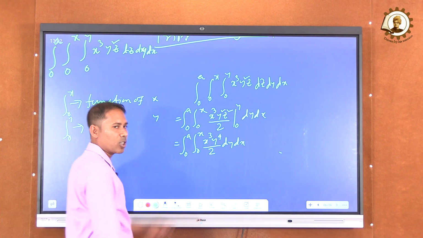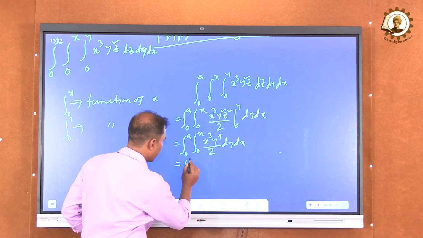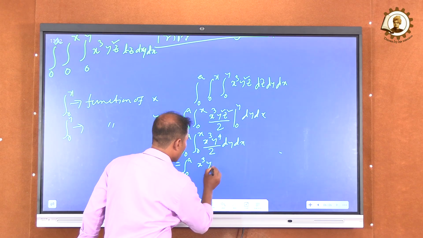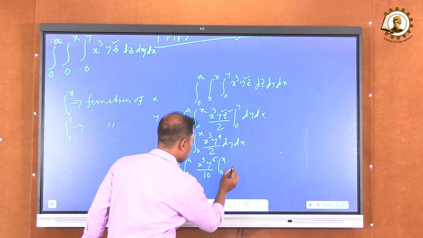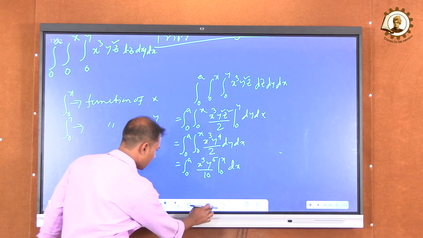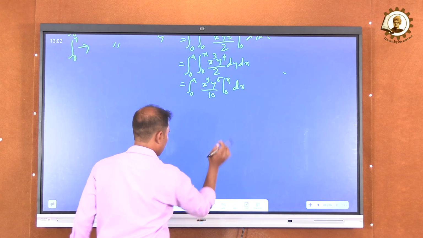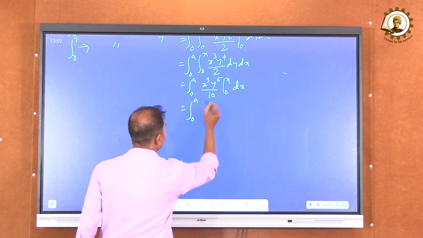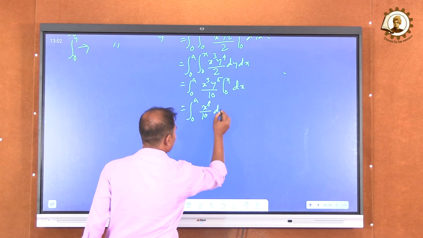Again we integrate with respect to y. If we integrate with respect to y, we get x cube, y to the power 5 by 10, from 0 to x, dx. Next, that is x to the power 8 by 10 dx.